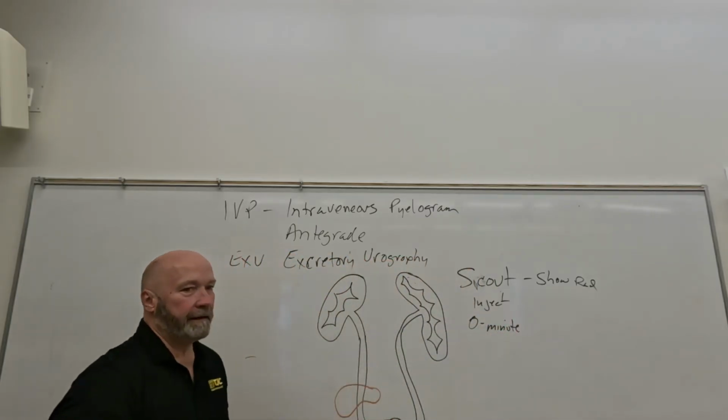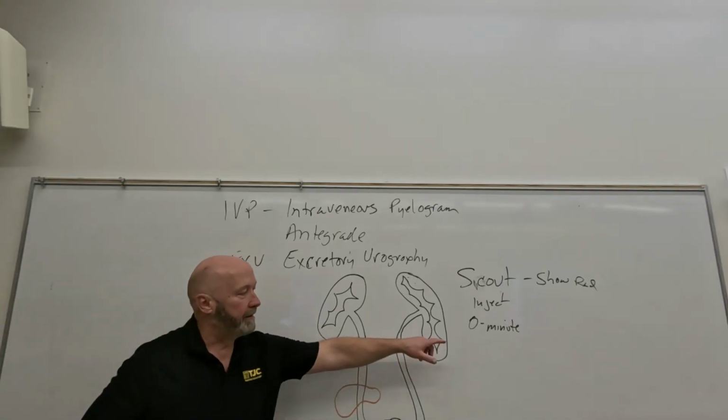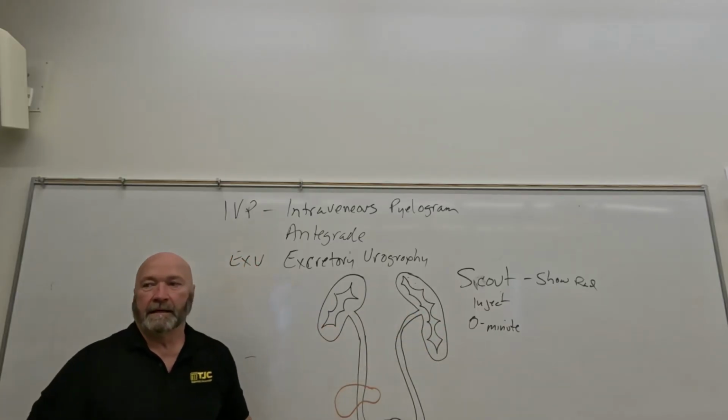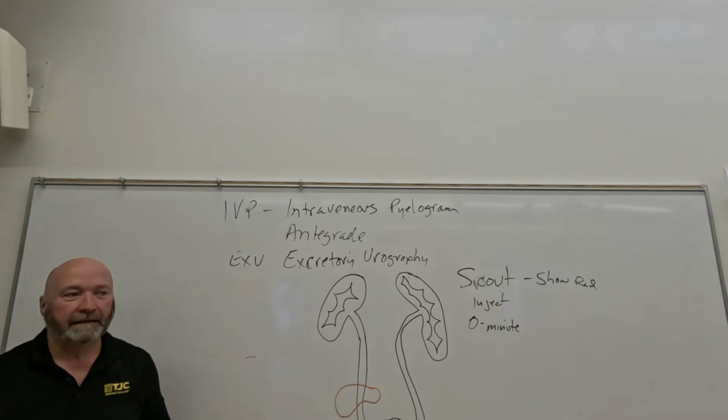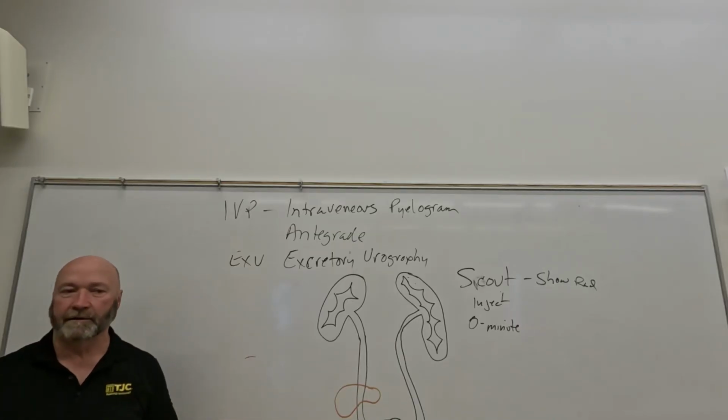With a 0 minute, blood circulates through the body about every minute, right? So at a 0 minute, all the contrast is going to be up in the kidneys. Can you spot the kidneys on a KUB yet? Can you see them pretty well?